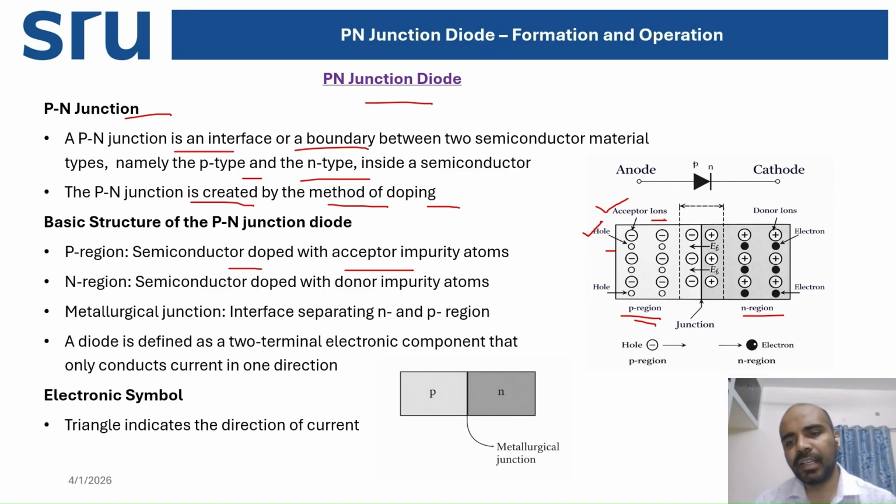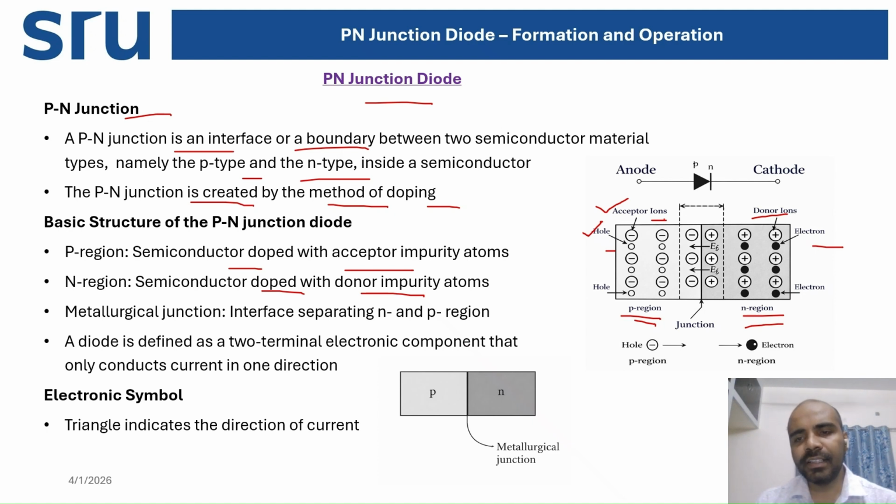The other side of the PN junction is the N region, which can be represented by donor type impurity atoms or donor ions and an electron.